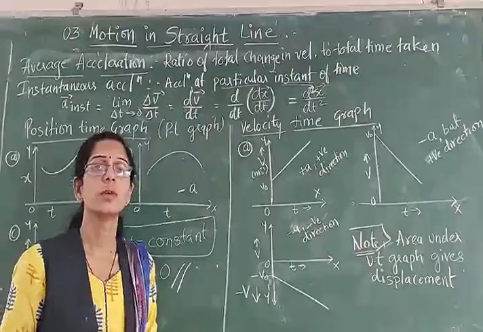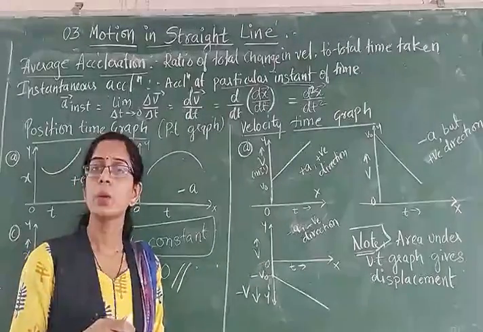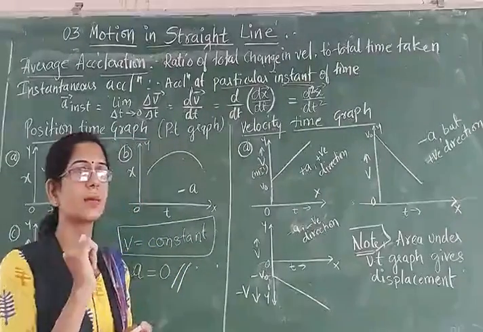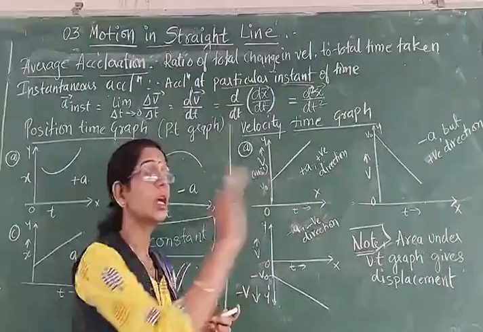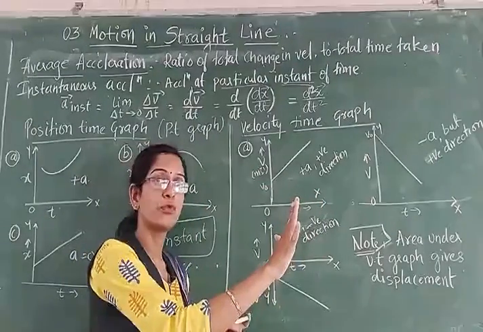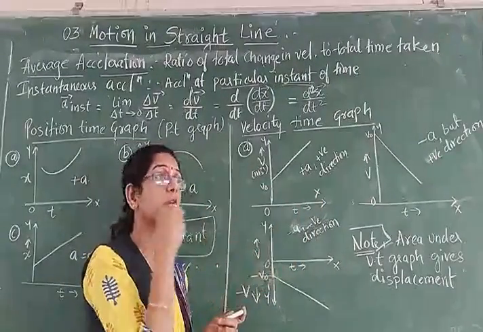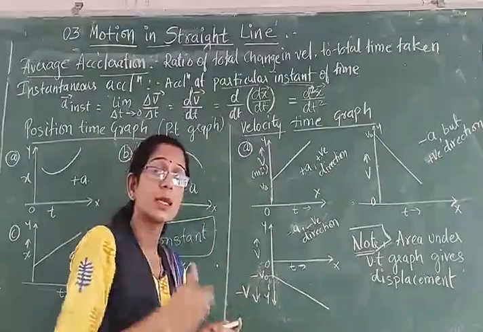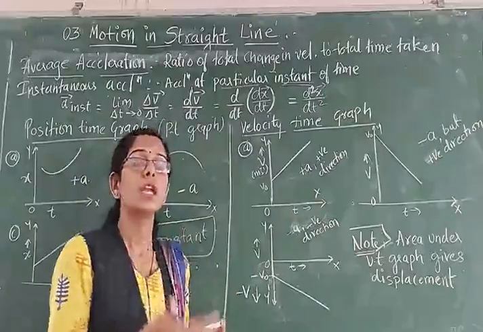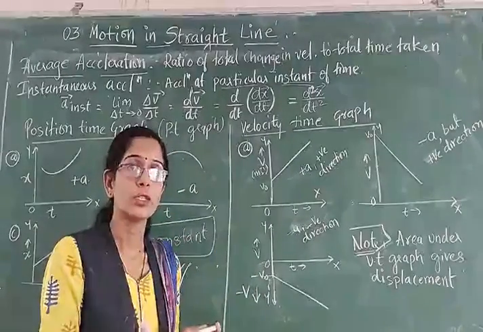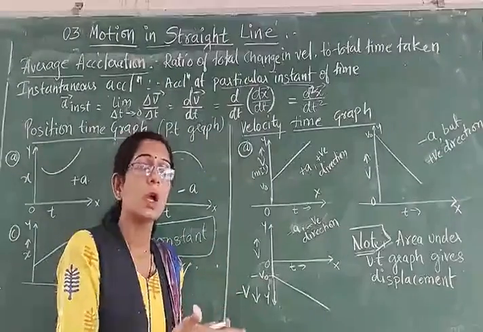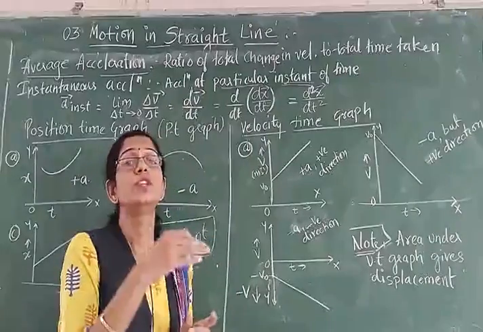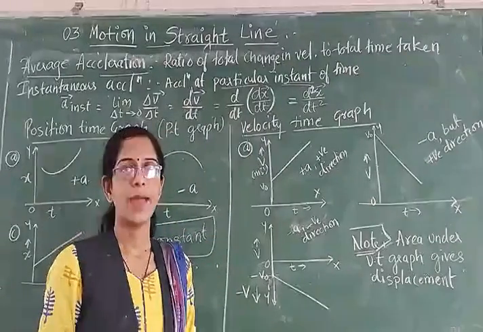We know that whenever an object needs to move, we need to apply force. Let us take the example that the object is moving along this direction. Along the same direction, if I apply force and accelerate the object, the object will move faster. Then we say that the acceleration of the object has increased. So whenever there is a change in the velocity in a positive way, or the velocity of the object increases, the object is said to have positive acceleration.